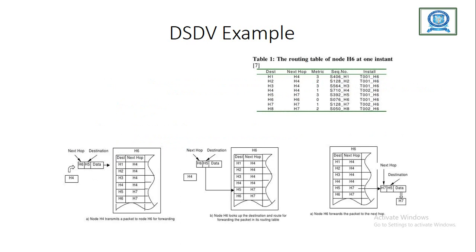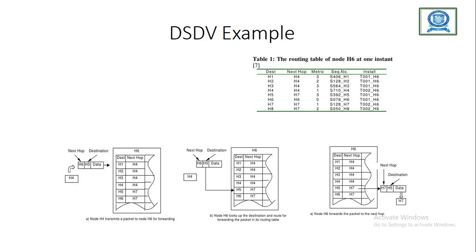In this instant, for destination H1 the next hop is H4 and the metric is 3; for destination H2 the next hop is H4 and the metric is 2; for H3 the next hop is H4 and the metric is 3; for H4 the next hop is H4 and the metric is 1; for H5 the next hop is H7 and the metric is 3; for H6 the next hop is H6 and the metric is 0; for H7 the next hop is H7 and the metric is 1; and for H8 the next hop is H7 and the metric is 2.